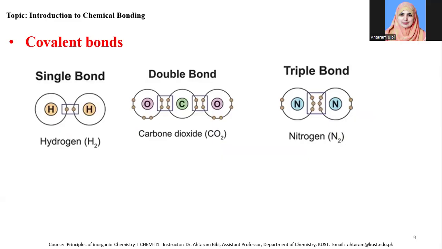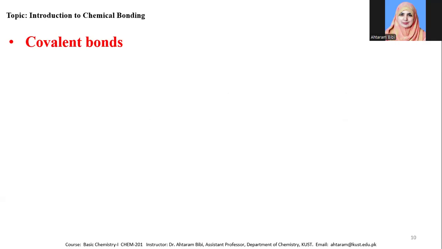And the triple covalent bond is when three pairs of electrons are shared with each other to complete their octet. For example, we can see the example of a triple covalent bond in nitrogen, a double covalent bond in carbon dioxide, and a single covalent bond in the hydrogen molecule.